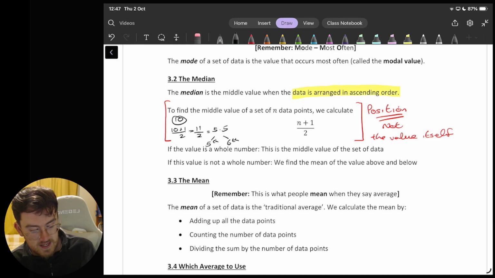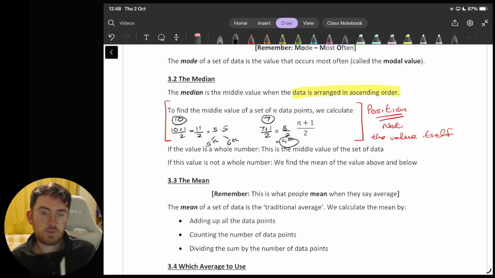If I had instead 7 data points, then I would do 7 plus 1 over 2, which is 8 over 2, which is just 4. So I would be looking at the fourth data point, and that would be the middle one. So you can see what I'm saying. If we have an odd number, we'll have a clearly defined middle value. If we have an even number, we're going to have to look between two of the values we've been given.